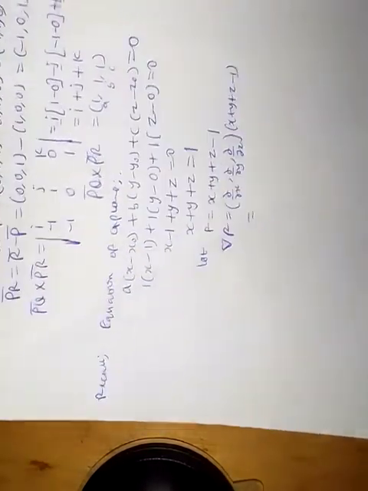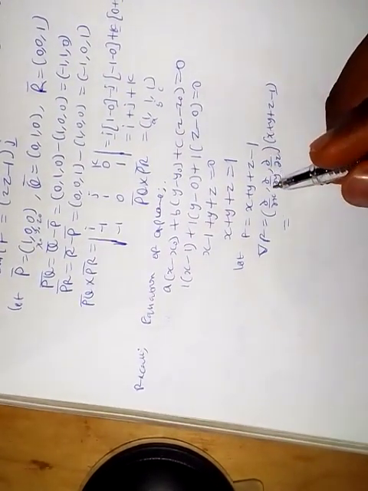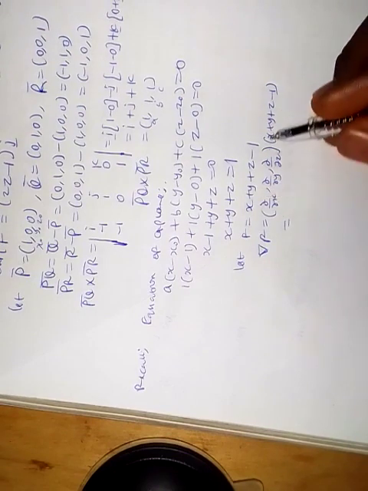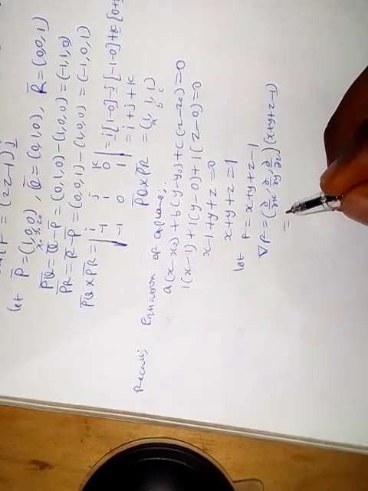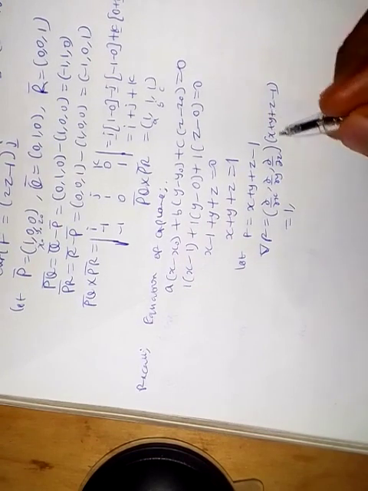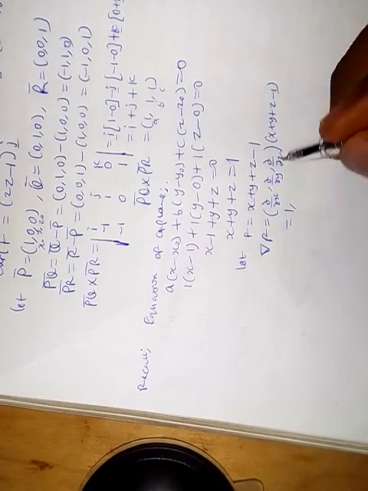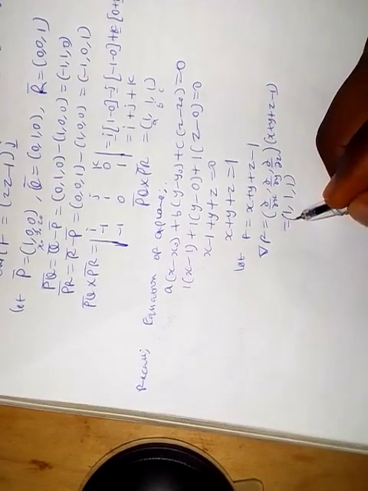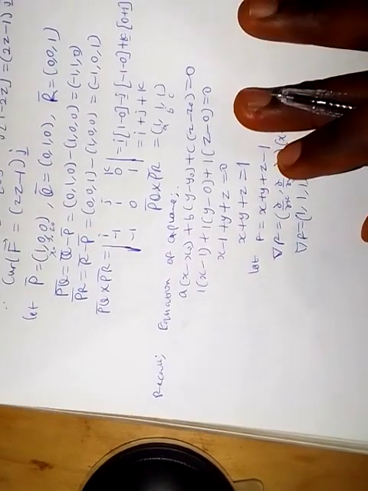When we differentiate with respect to x, we obtain 1, differentiate with respect to y, this will be 1. All these others are just constants, so we have 1 also here. So our grad F is simply 1, 1, 1.